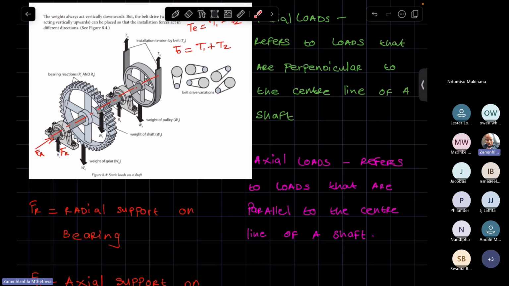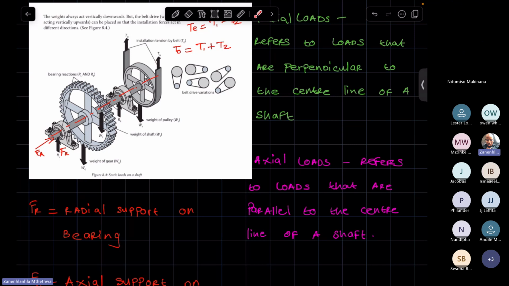There's three forces in particular. We'll talk about them just now. Now, depending on which of those forces is perpendicular to the line of action of the shaft, that is the one that you use in applying conditions of equilibrium.